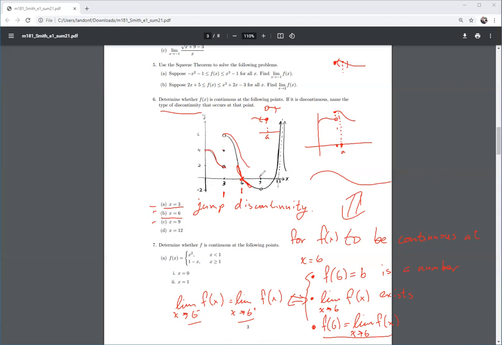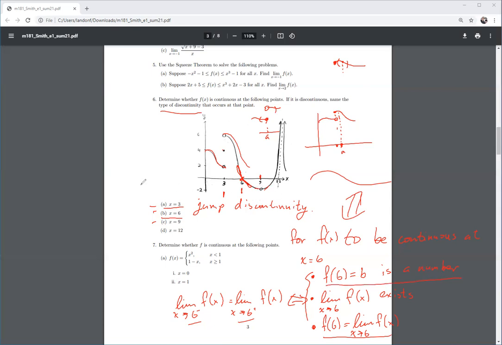So part C, what do you think this is? Continuous or discontinuous? I think it's discontinuous. Yeah, thank you for your chat, Anastasia. I'm thinking discontinuous, and that's because of this condition.